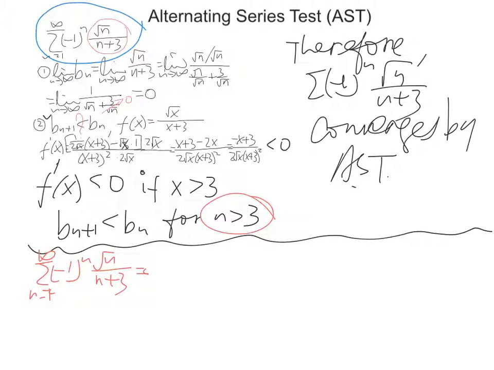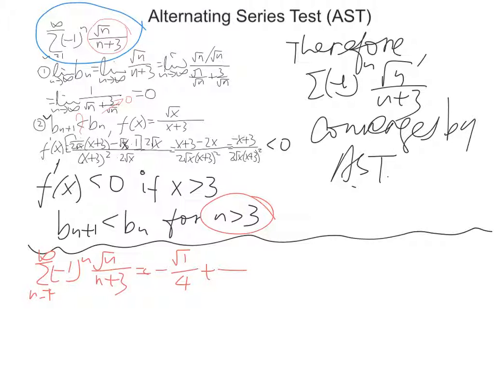The first term is when n is 1. When n is 1, I will have a negative term, because negative 1 to the first is negative. So I have square root of 1 over 1 plus 3, that's 4.